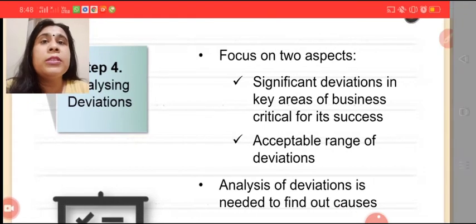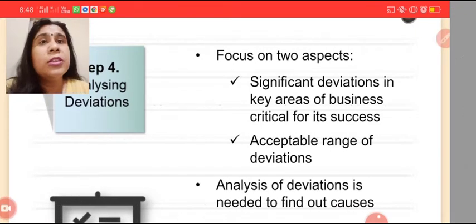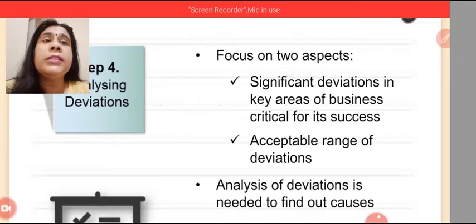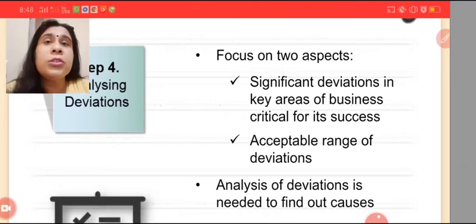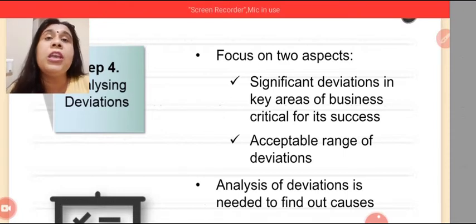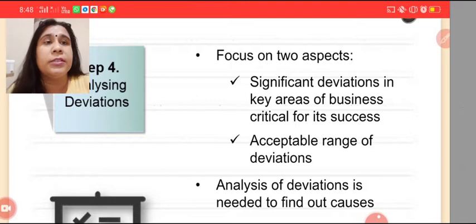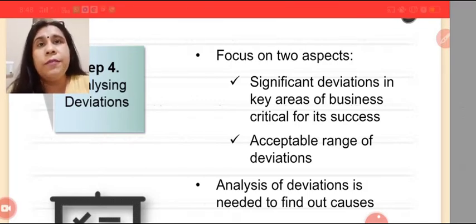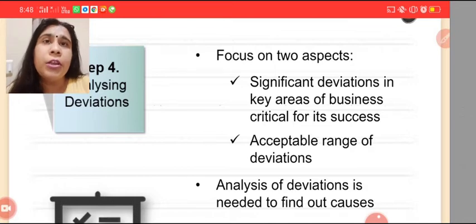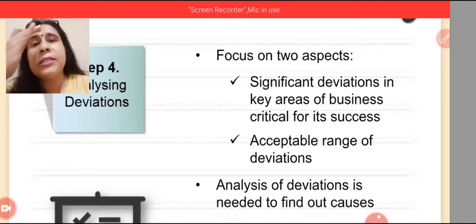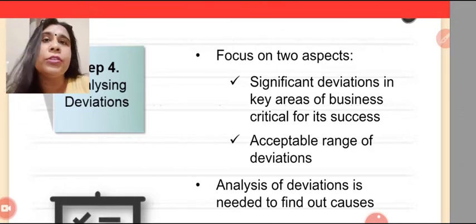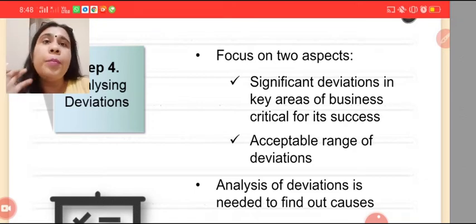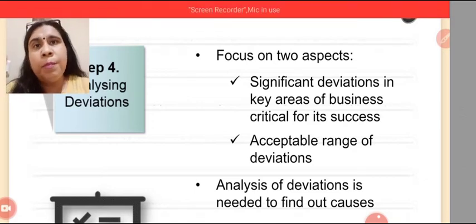Step 4 is, once we find out the deviations, now we will focus on analyzing the deviations. Now this has 2 aspects. Significant deviations in key areas of business are critical for its success, and the acceptable range of deviations. While fixing the standards, we also need to fix the acceptable range of deviations, that is, up to what range the deviations are permissible.